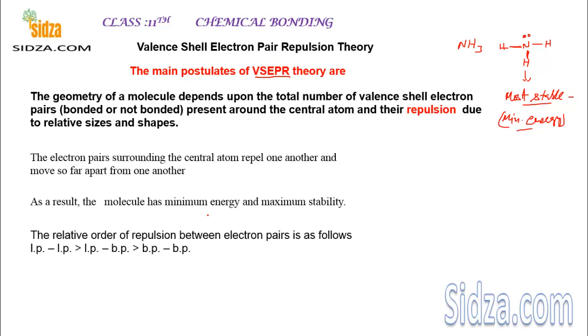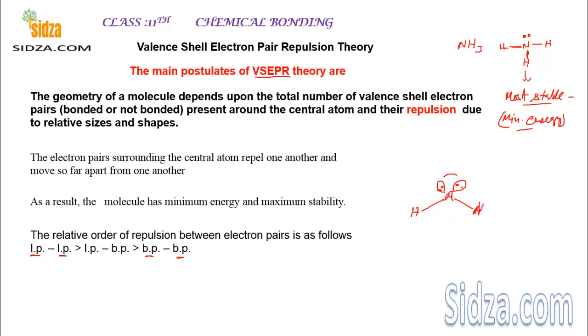But the order of repulsion here is not the same, it's different. If you have two lone pairs, the lone pair repulsion is maximum and the bond pair repulsion is minimum, correct? Suppose you have an atom A, and it has two lone pairs, this one lone pair and this one another lone pair, and there are two bond pairs also.